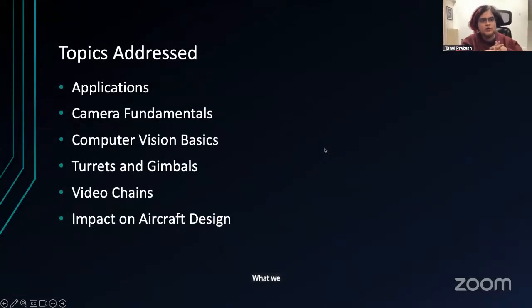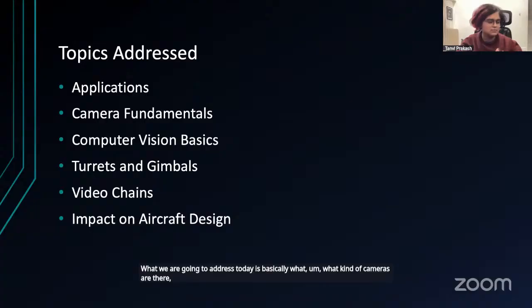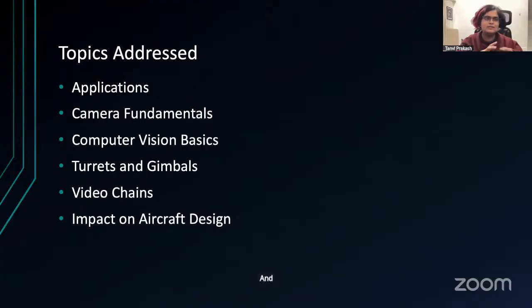What we are going to address today is basically what kind of cameras are there, what the purposes for these cameras are, different types of cameras, and some fundamentals covering how these cameras really work and how the data that comes from the camera is utilized.